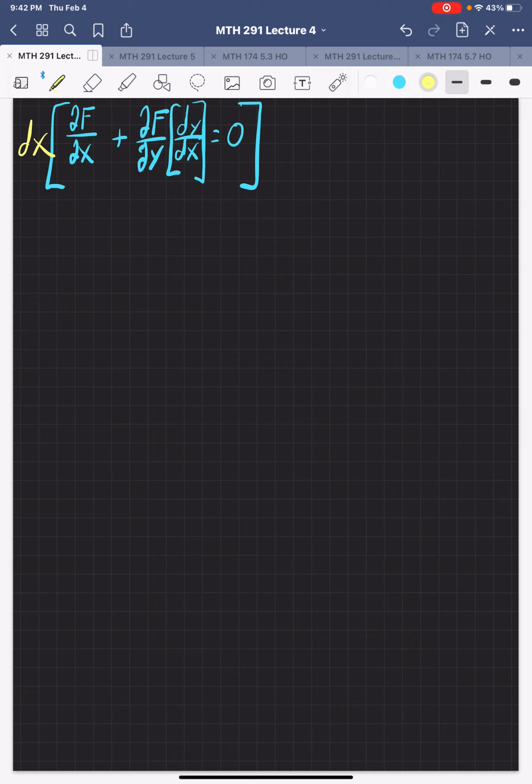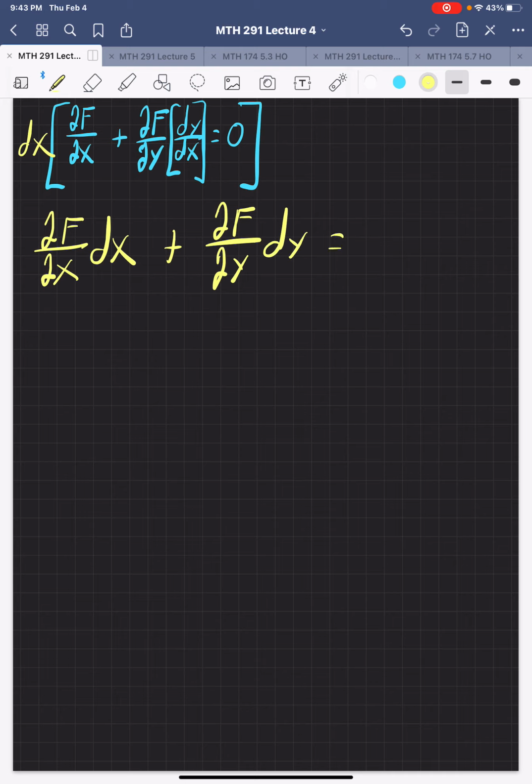That would simply be the partial of f with respect to x dx plus the partial of f with respect to y dy. And of course, if you multiply dx times 0, you're still at 0. So distributing the dx would cancel this dx here. And now we have the partials with respect to x and y attached to dx and dy.